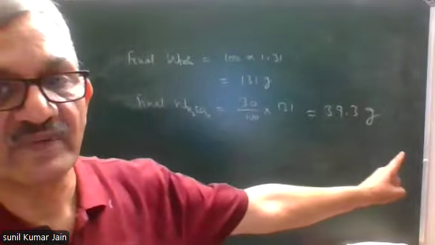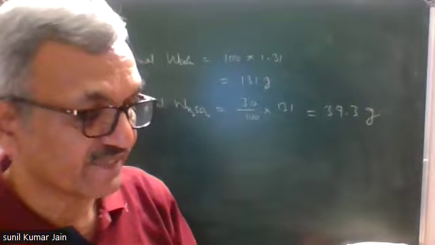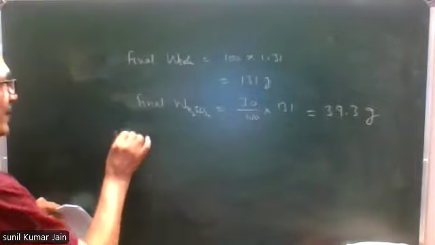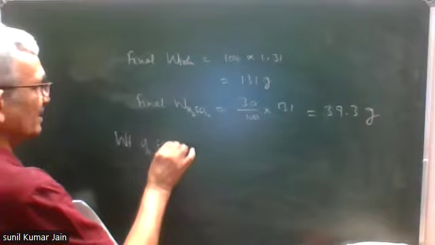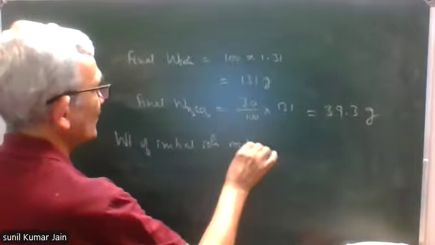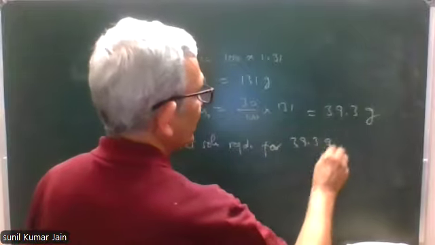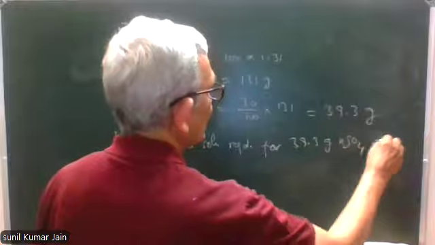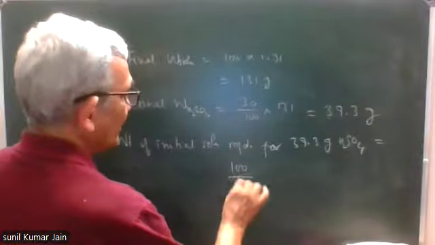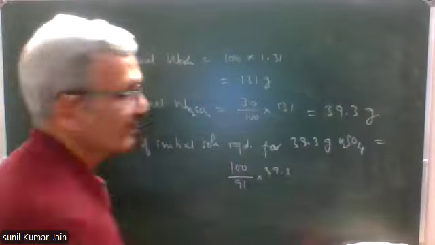Now, this much sulfuric acid will come from the initial solution, and the initial solution contains 91% sulfuric acid. So weight of initial solution required for 39.3 grams sulfuric acid will be 100 divided by 91 into 39.3.